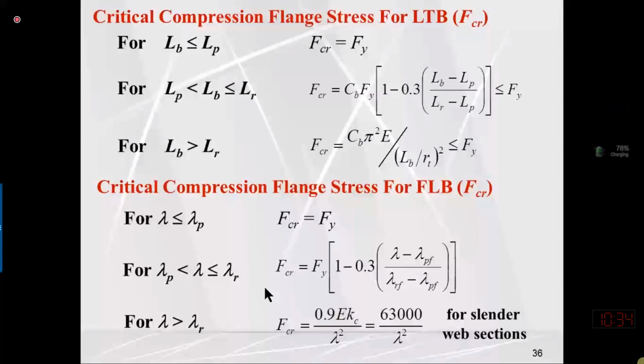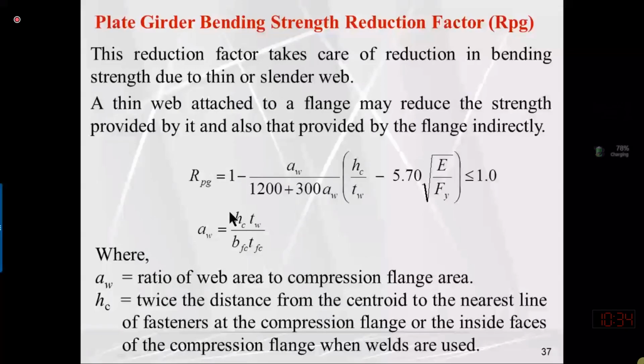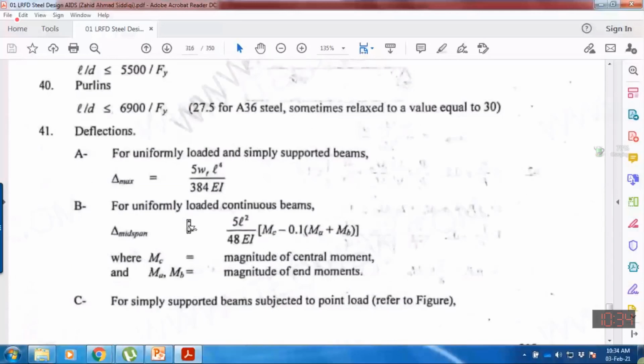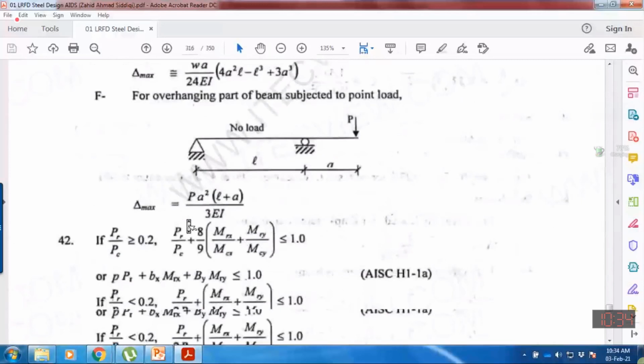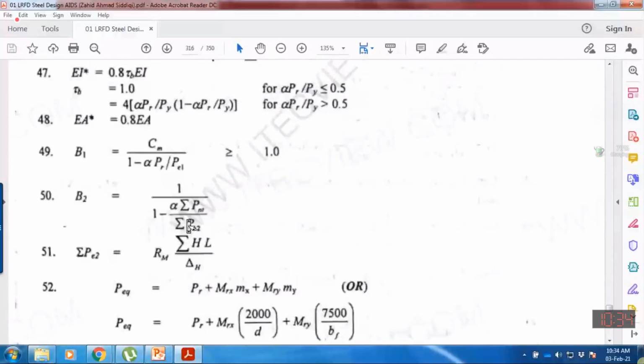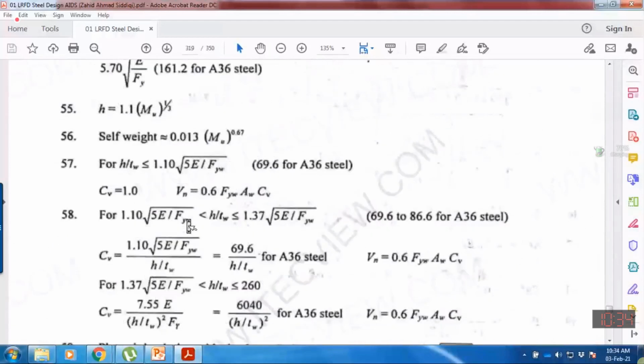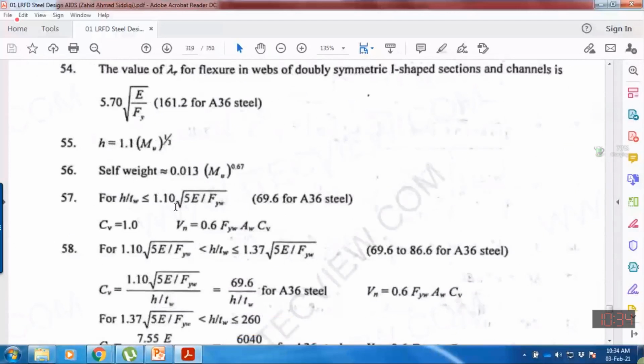You don't need to memorize these equations, because they are all given in the LRFD design aid, page number 320. And for the RPG value, page number 322, where the formula is given.